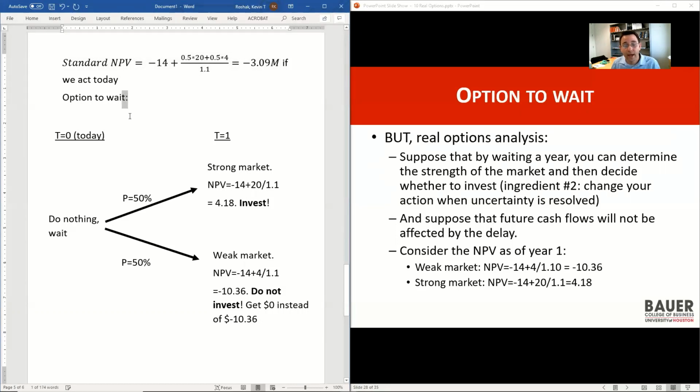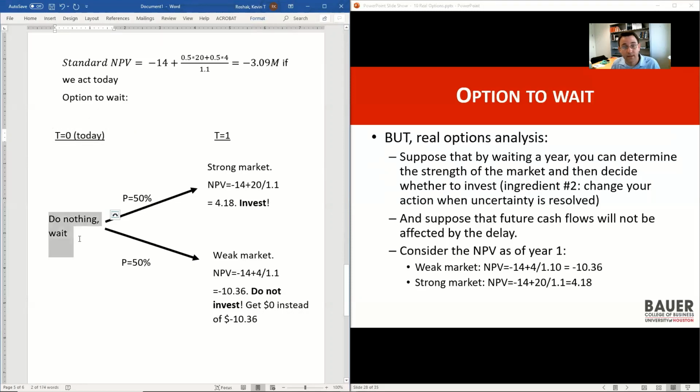What happens if we wait? Well, today we're waiting, so we're not doing anything. Okay. Then at time 1, we learn whether we're in the strong market or the weak market. Again, both happen with probability 50%. If we're in the strong market, we get a positive NPV of 4.18. If we're in the weak market, we saw that we get a -10.36 NPV.